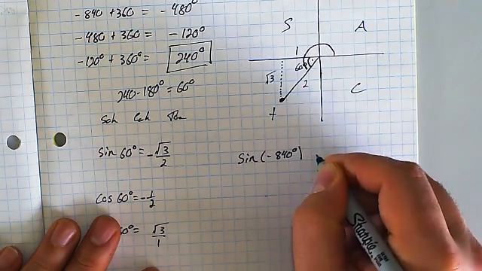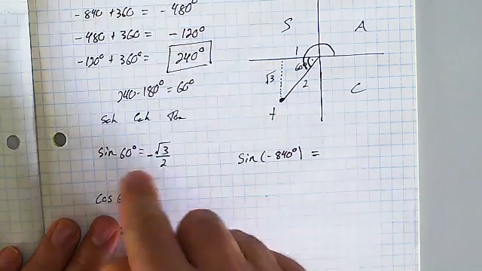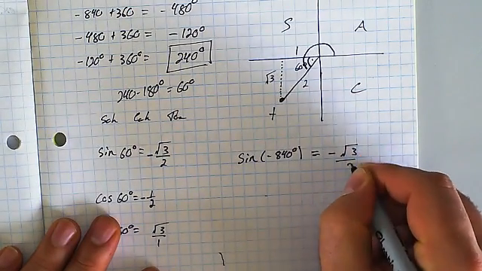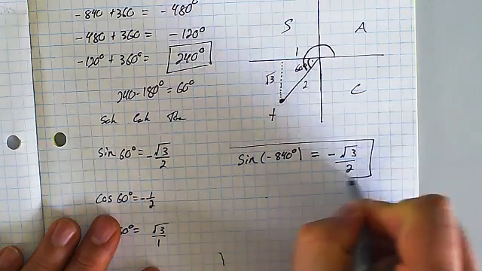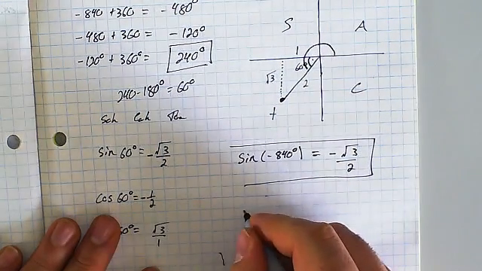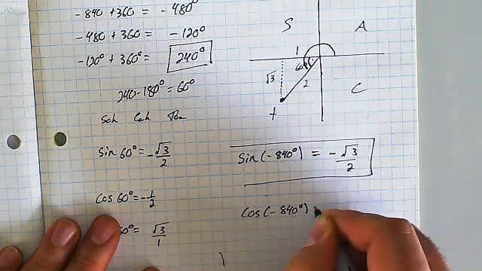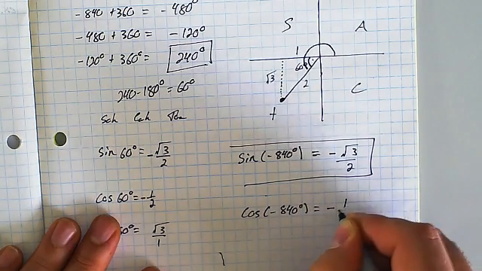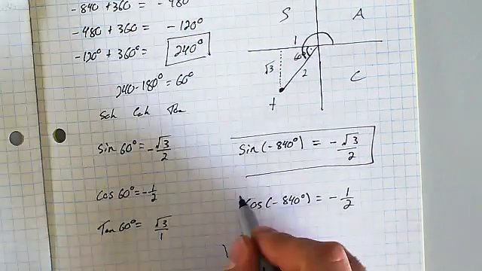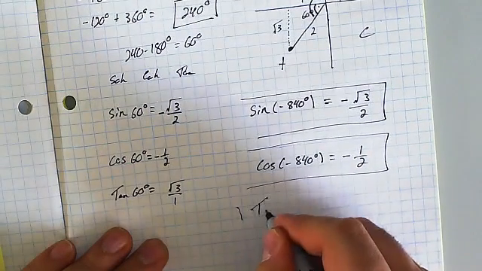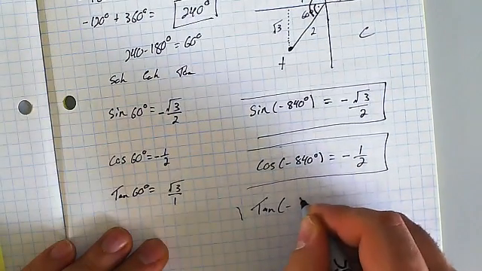So we're going to say sine of negative 840 degrees equals negative root 3 over 2. That's one of our answers. We know that cos of negative 840 degrees equals negative 1/2.